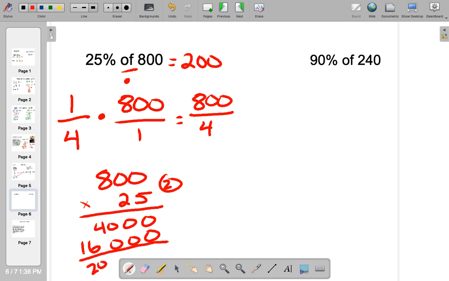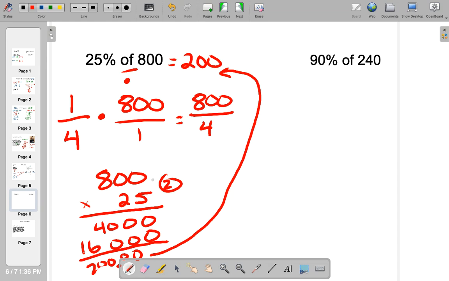And I get, it's going to be hidden a little bit here, but I put my decimal, whoops, not there. I put my decimal there. And I get 200 both ways. These are both correct. In this type of problem, if you notice, the fraction is probably faster when you have a nice clean whole number that you're working with.